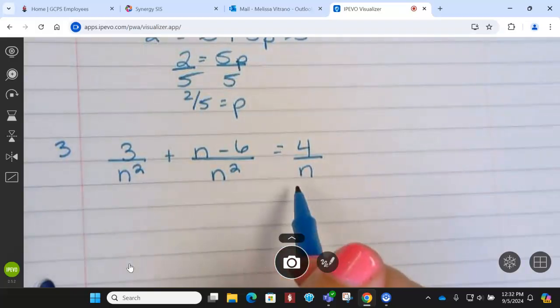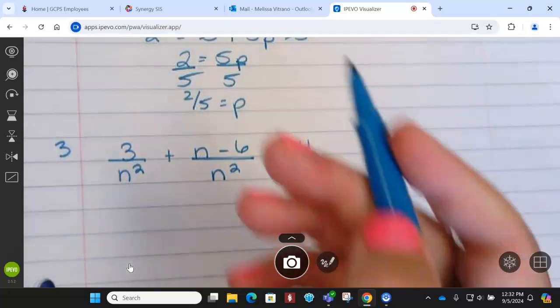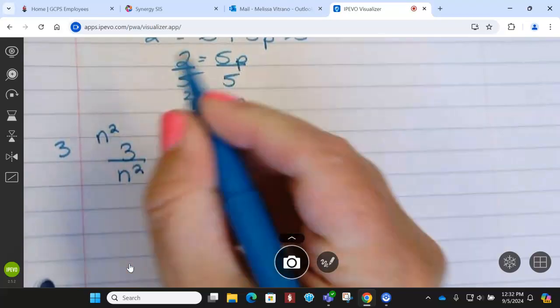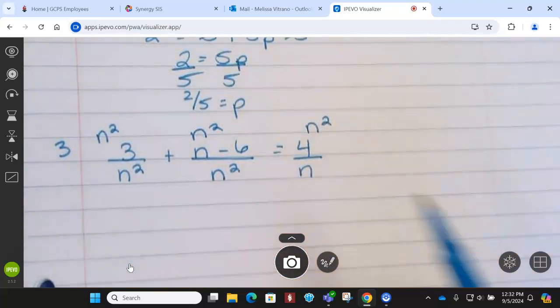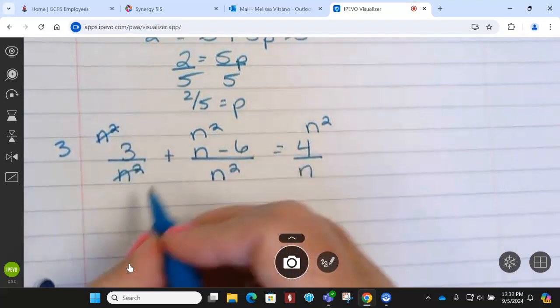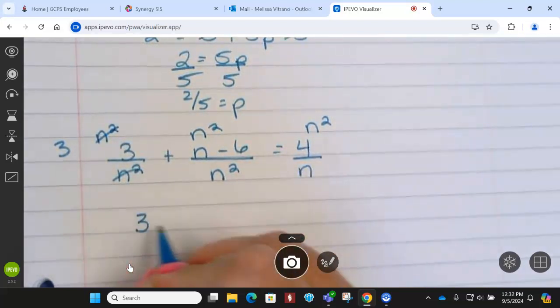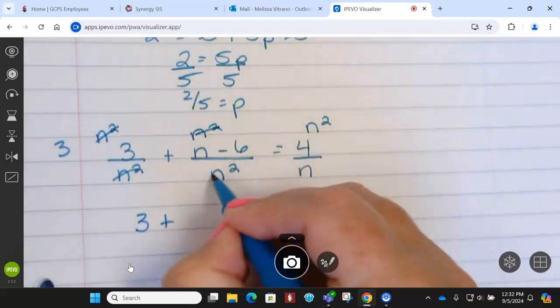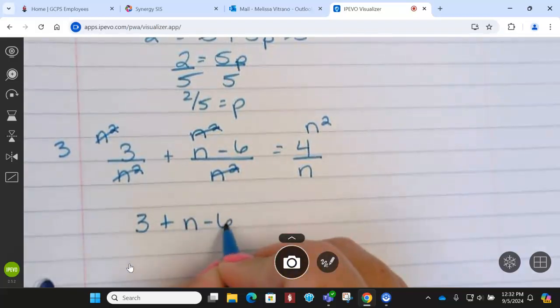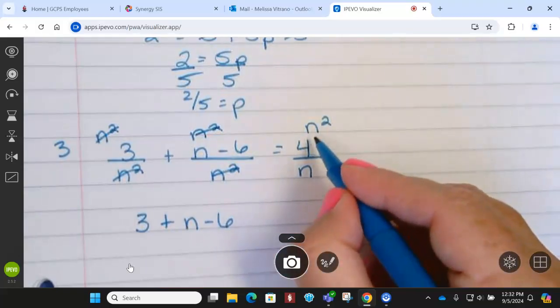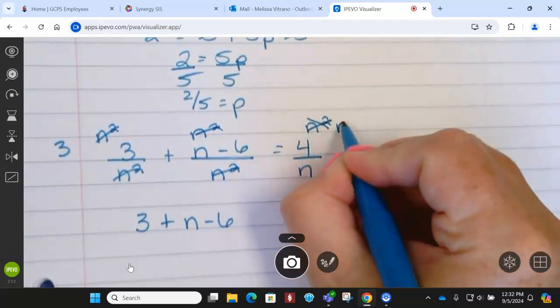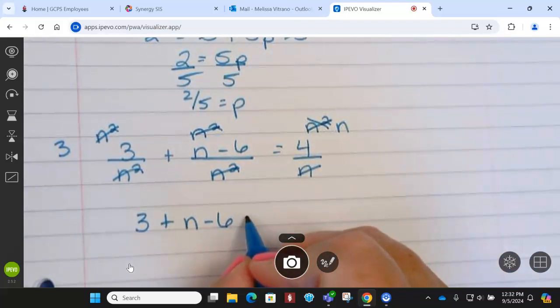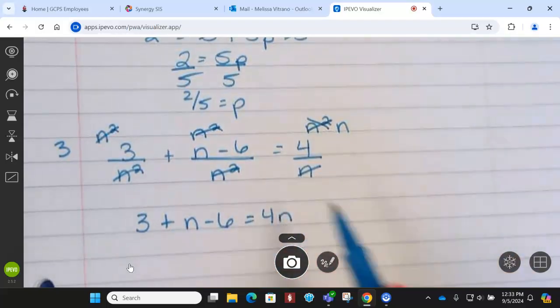And notice I don't have any numbers at the bottom, so life is going to be a little easier than that first question. So the n squares cancel and we're left with 3. Same thing here, n minus 6. Notice here, 2 n's, and that's 1 n. So this will cancel and leave me with 1 n, so that equals 4n.